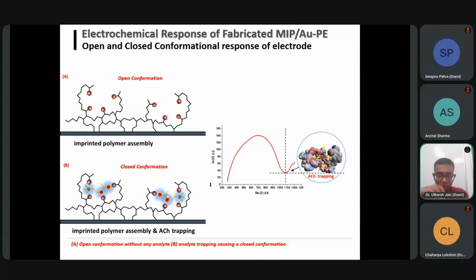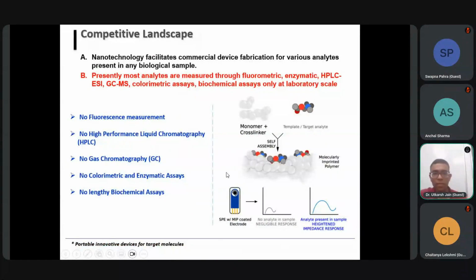Once it is closed, all the molecules are entrapped because they had the same imprint, and they cause impedance on the electrode surface, which we detect before and after adding the molecule, and that can give us the information. So as you can see, in this process we have the possibility of developing a small electrochemical strip-based device where we have on the working electrode a polymer specifically designed for that particular single molecule for which I am going to develop a device.